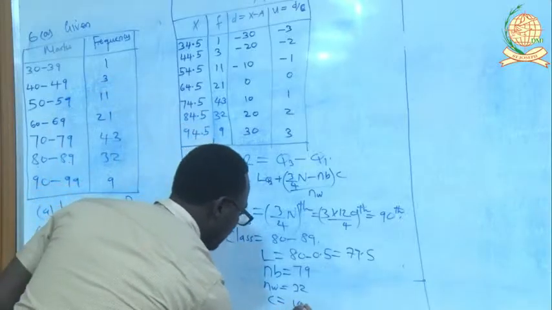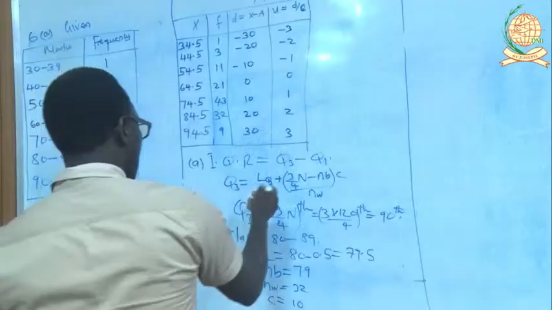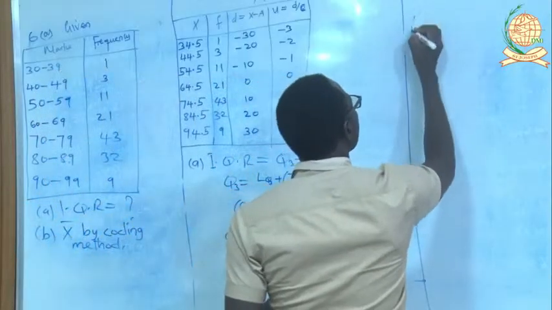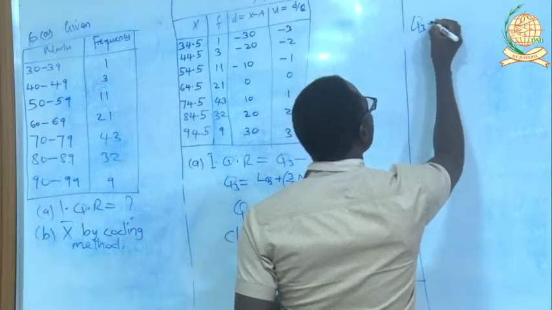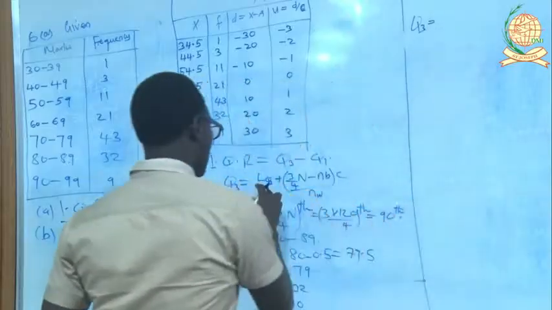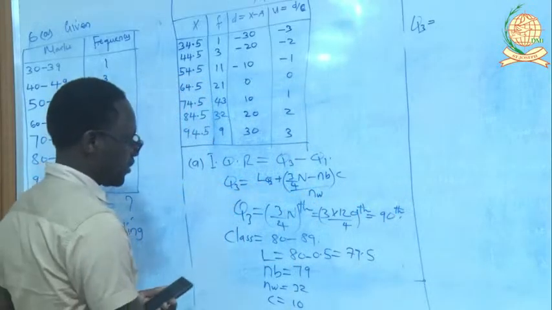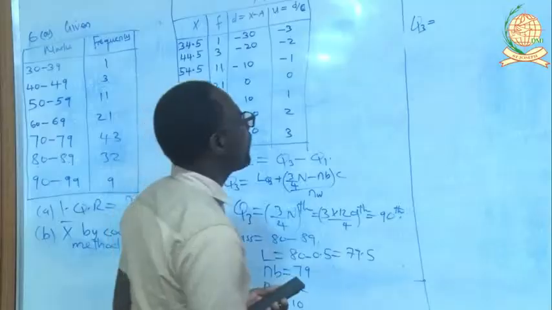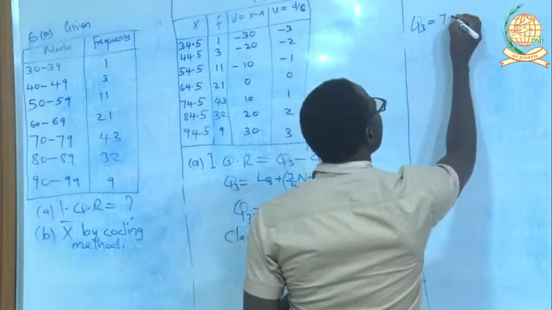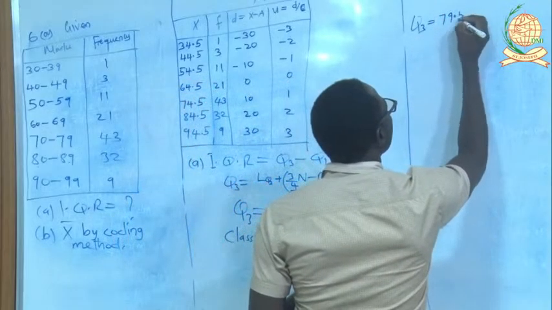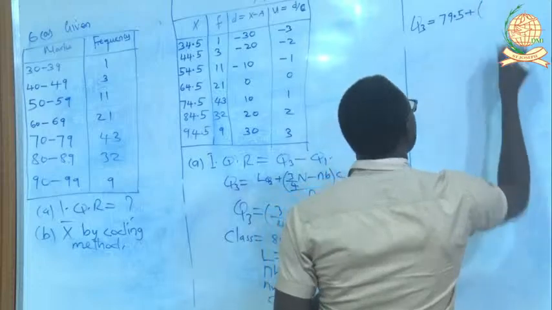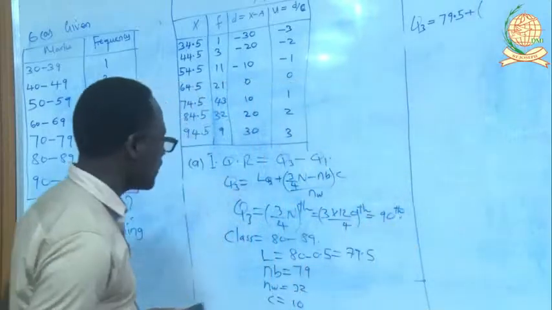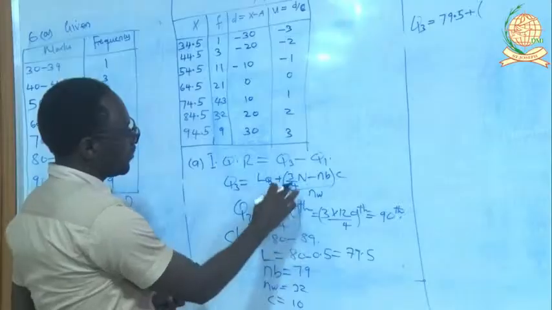Then substitute this information into the formula. So Q3 will be equal to L, which is 79.5. So it is 79.5 plus, in the bracket, 3/4 times n, which is 90.